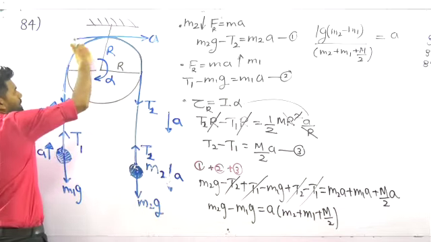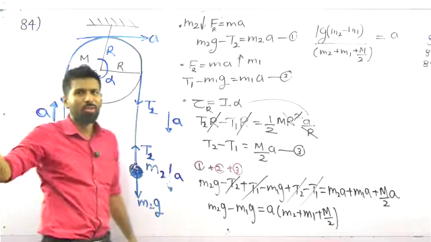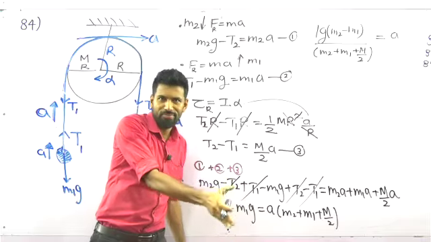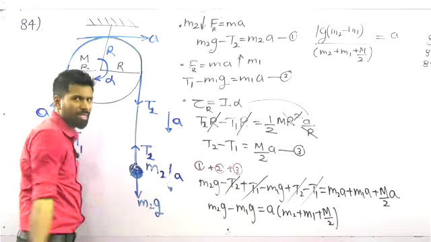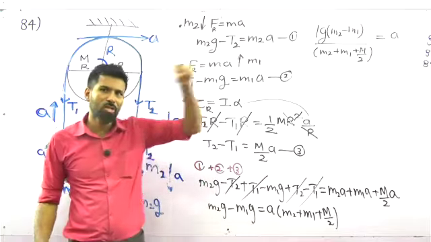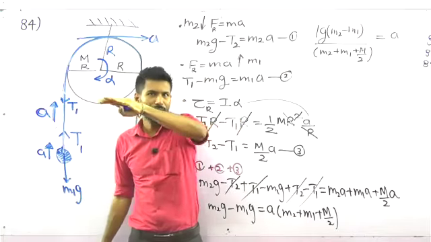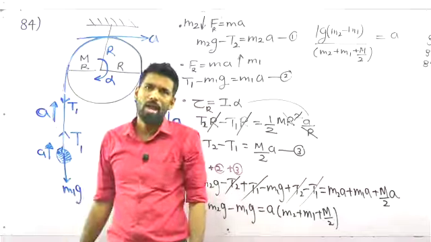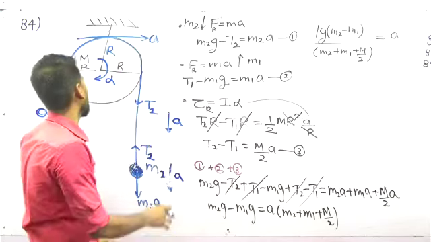When the string passes over the pulley, you have that acceleration tangentially, dropping down the mass on the right side and bringing the mass upward on the left side. Due to that tangential acceleration, the pulley is rotating with a rotational acceleration alpha.